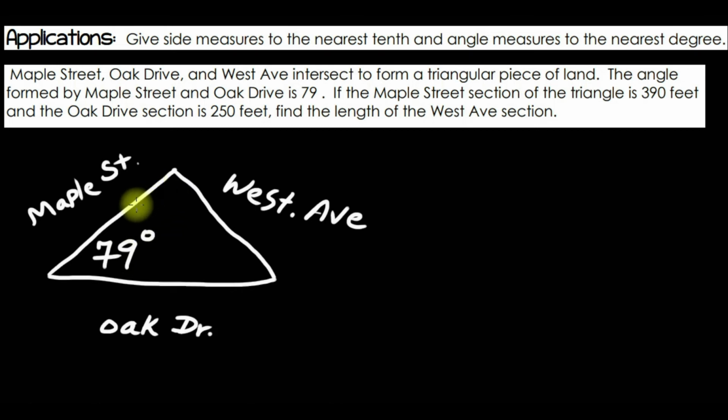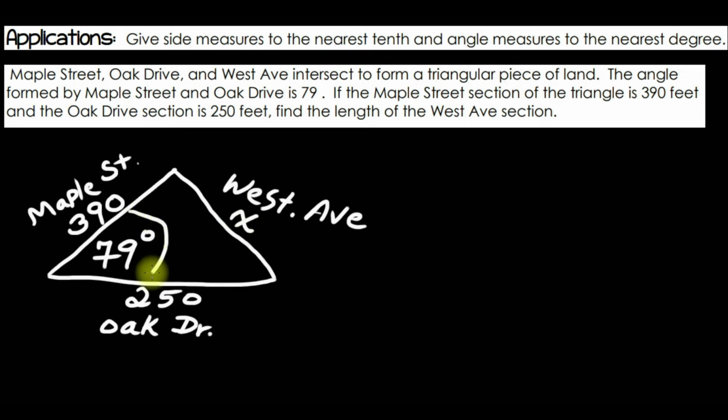If the Maple Street side of the triangle is 390 feet, so this is 390. And the Oak Drive side is 250 feet. So this one is 250 feet. Find the length of the West Avenue section. So we're looking for this side right here.